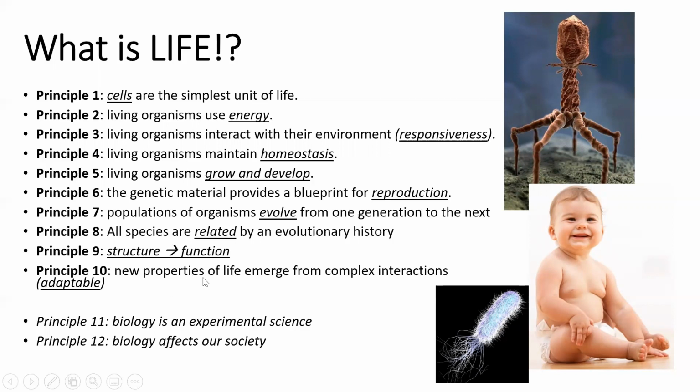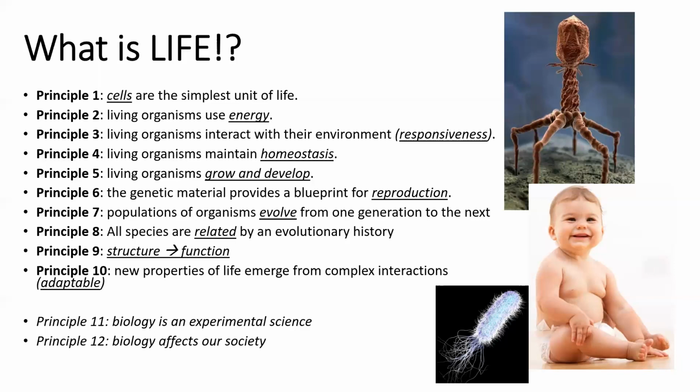Principle 10, new properties of life will emerge from complex interactions. So, for example, properties that were not seen in the prior level of hierarchy: when we go from atoms to molecules, we didn't have bonds present.